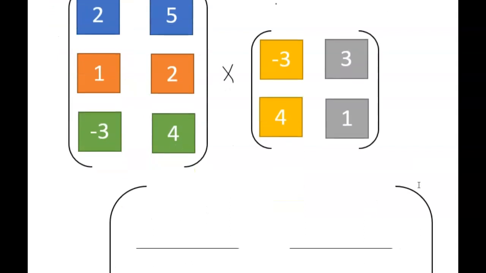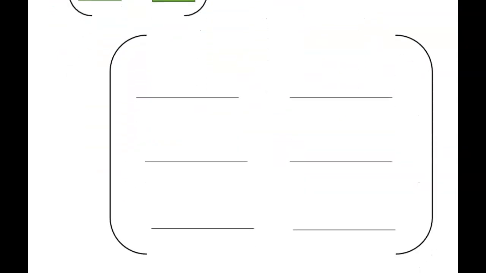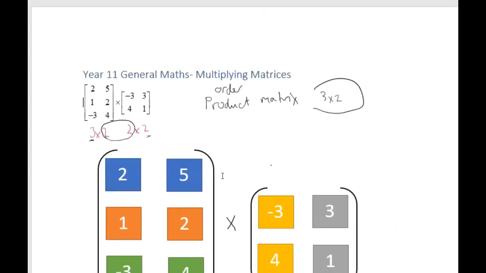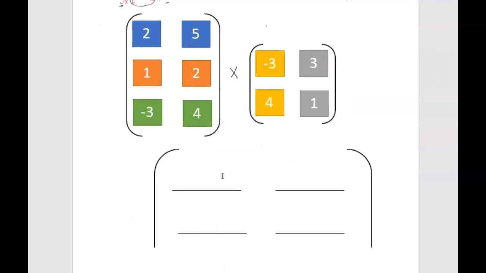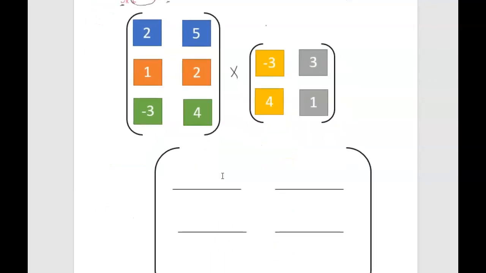So what I've done is I've drawn what that matrix is going to look like. So we're going to be filling in things here. Okay, so effectively, we're going to end up with 6 numbers. But the hard part is actually figuring out how to get those numbers. All right, so I'm going to make this a little bit smaller just so we can see it a bit better.